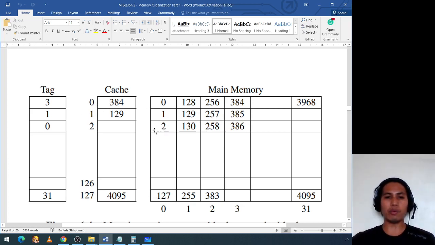E paano pag ang request ni CPU is sunod-sunod na ito: 1, 129, 257, and 385. So, iisa lang ang pinaglalabanan nilang location where in fact the rest are empty.